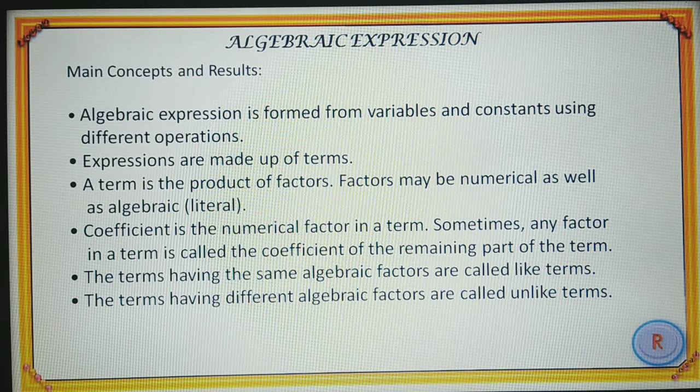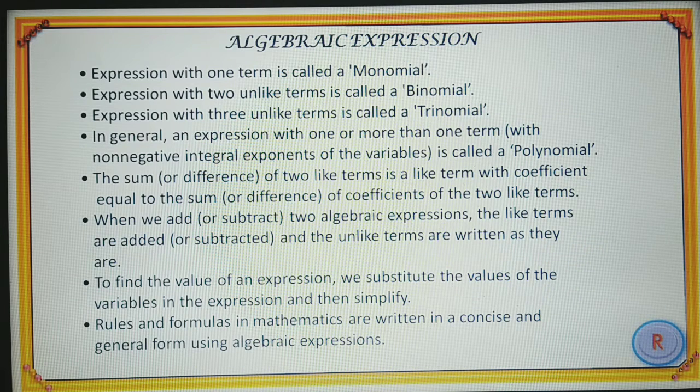Very important concept. The terms having the same algebraic factors are called like terms. The terms having different algebraic factors are called unlike terms. Expression with one term is called a monomial.